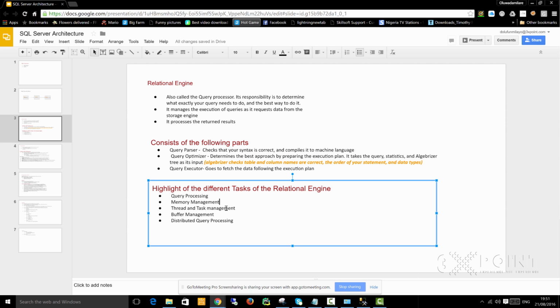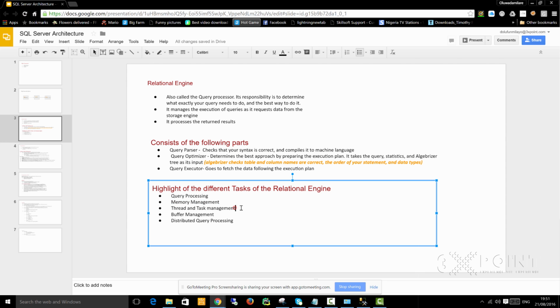That's exactly what we have in SQL Server. You don't manually manage the memory. I've never seen anyone do that in SQL Server. You leave the total memory management to SQL Server. But there are ways in which you can optimize this as well. We'll get into all of that in detail in due course. But bottom line, memory management is what the relational engine does.